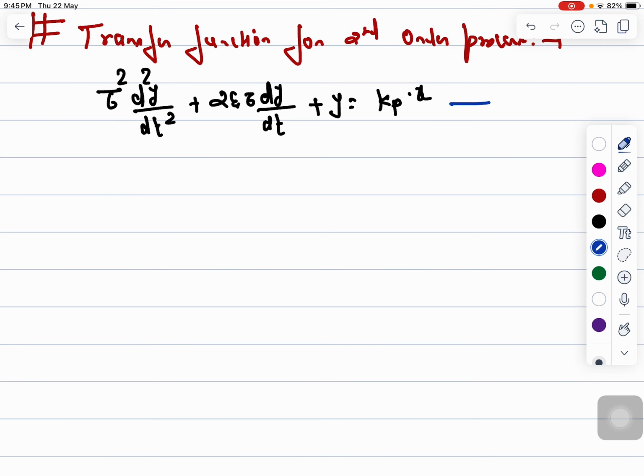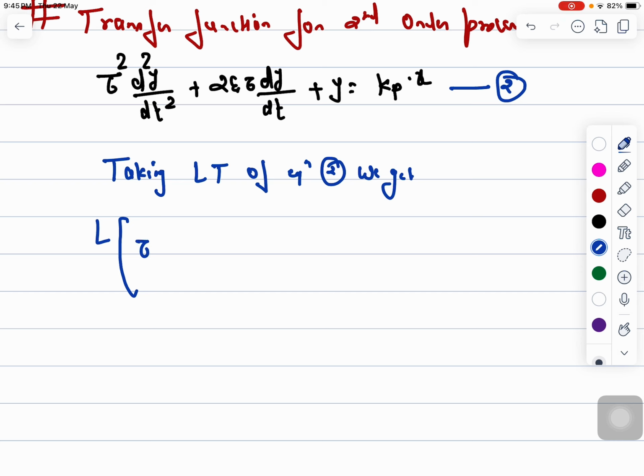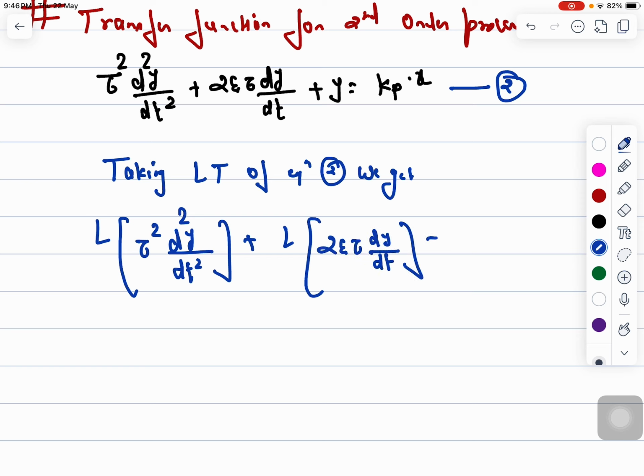So if this is my second order equation, taking the Laplace transform of the equation, we get Laplace of tau square d2y by dt square plus Laplace of 2 zeta tau dy by dt plus Laplace of y, that is equal to Laplace of kp into x.